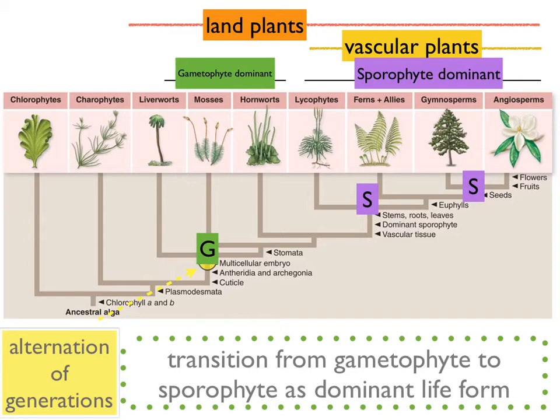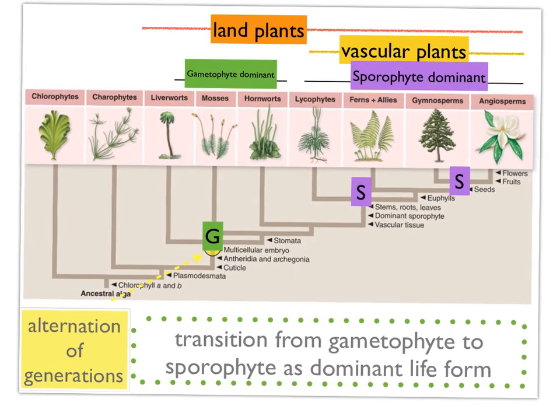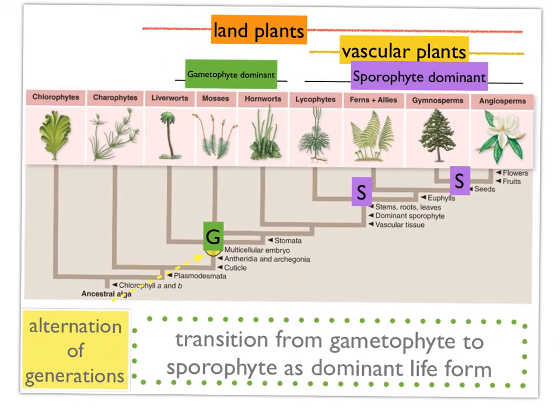So I was talking about this transition at this point. Remember, these are gametophyte dominated right here. Okay, and there was this transition then to the sporophyte dominated, starting with the lycophytes and on.